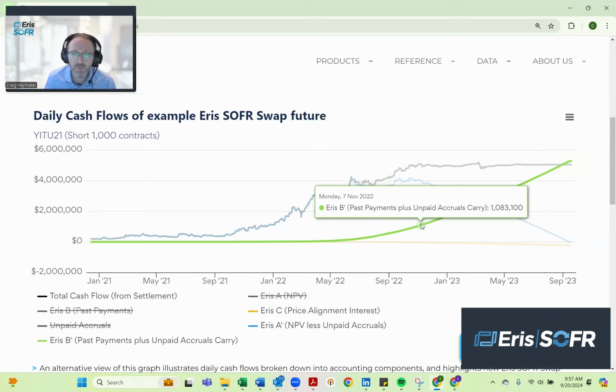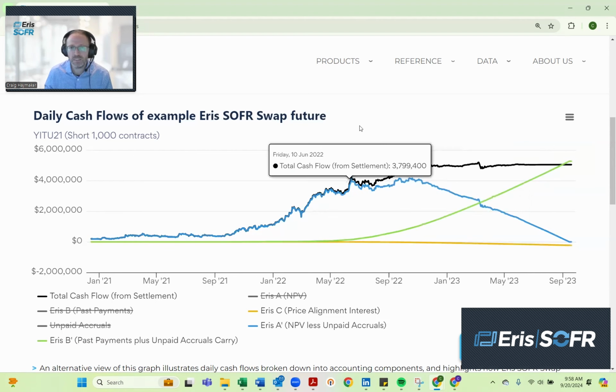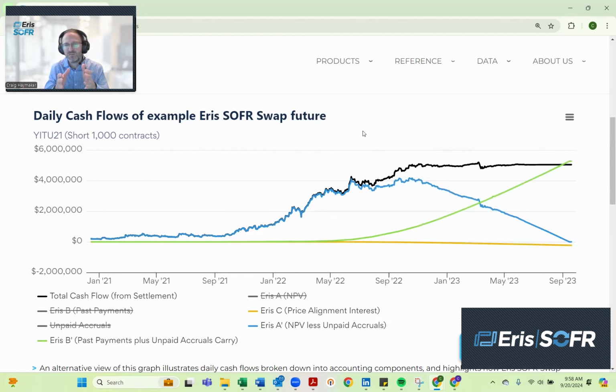Okay. Now, if we think about accounting for swap futures, they are an index instrument, which means that the value for accounting purposes is based on the entry point.